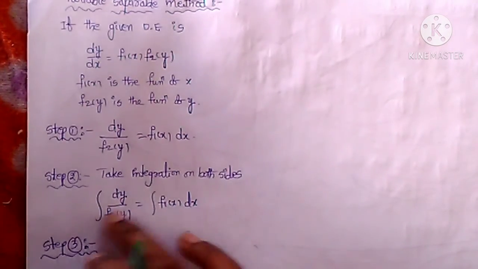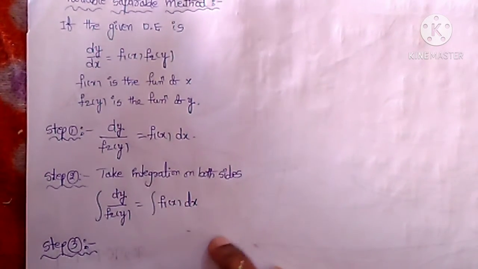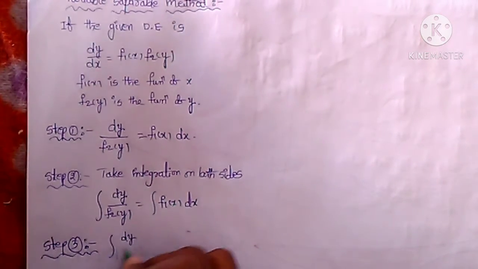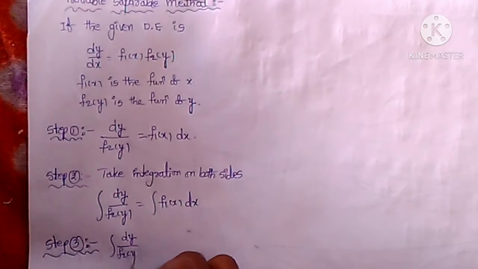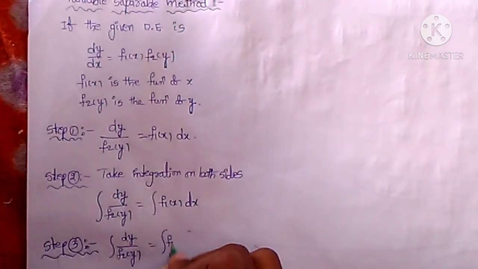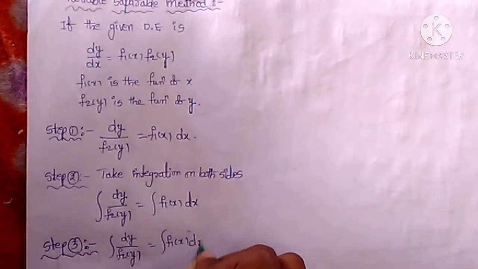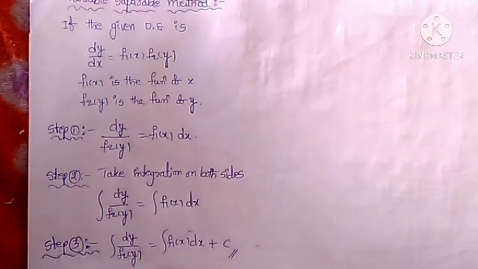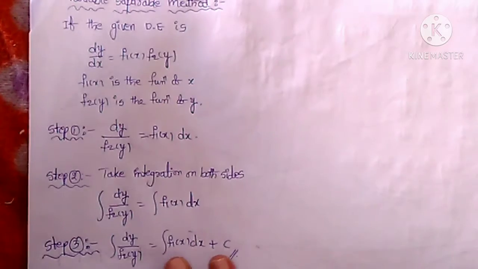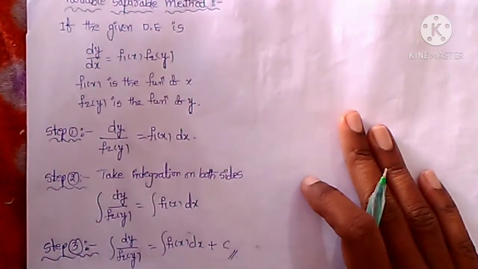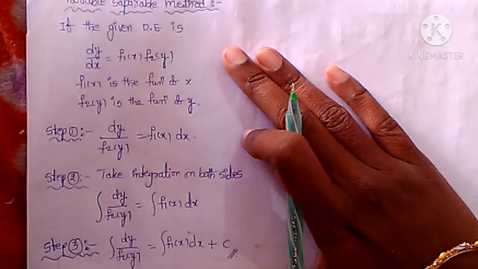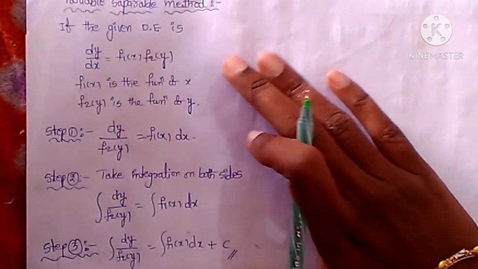At the last, you have to add plus c. In the step 3, you get some value. That is the solution of the given differential equation. In this way, you have to use variable separable method to solve the given differential equation.